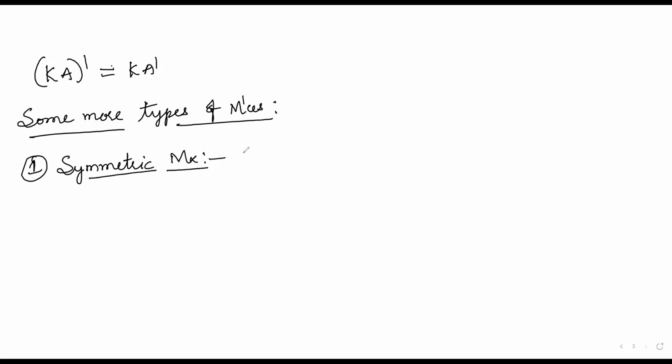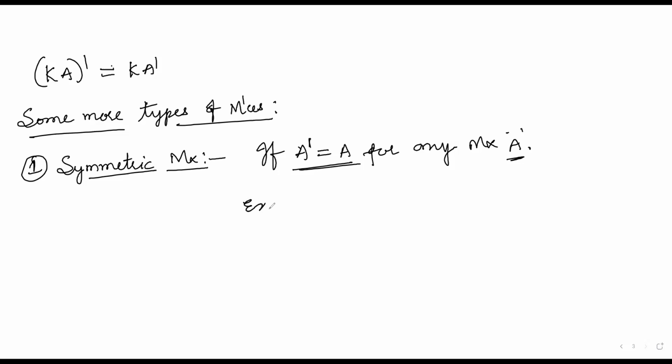If for any matrix A, A transpose equals A, then A transpose is A only. If after transpose you also get A. So for example, 1, 2, 2, 1. And this is A.